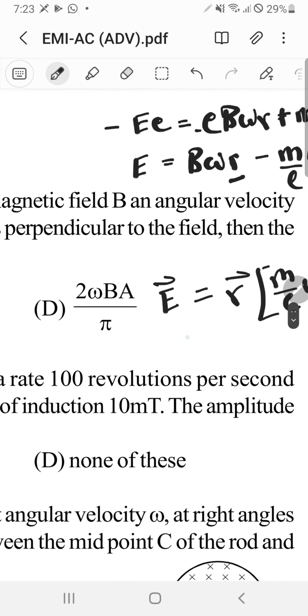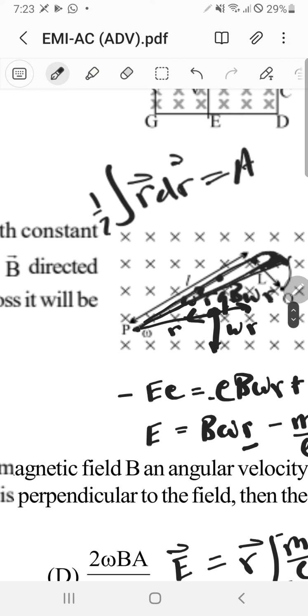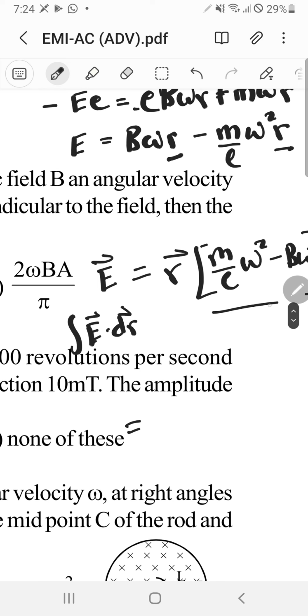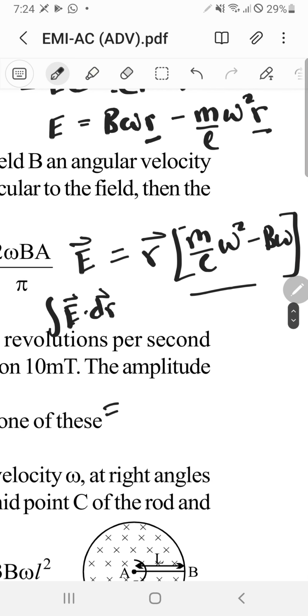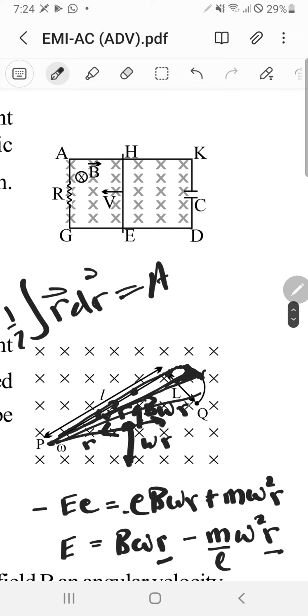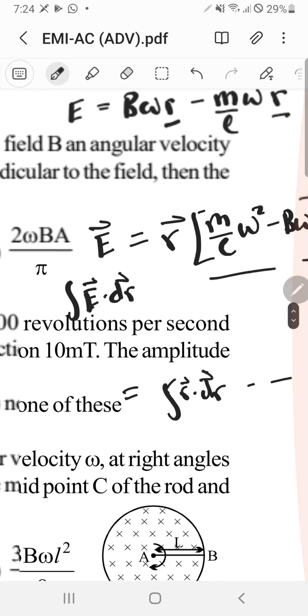So when we say integration of E vector dot dr vector for this line, you are essentially saying all that stuff times integration of r vector dot dr vector, which is the area, which is this. Okay, 2 times that area, I agree.